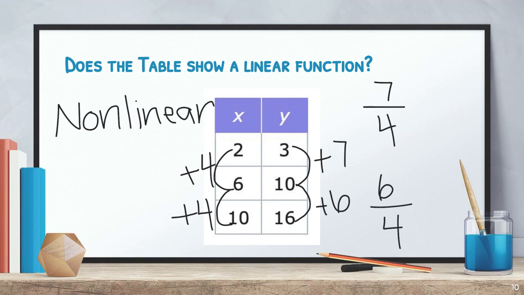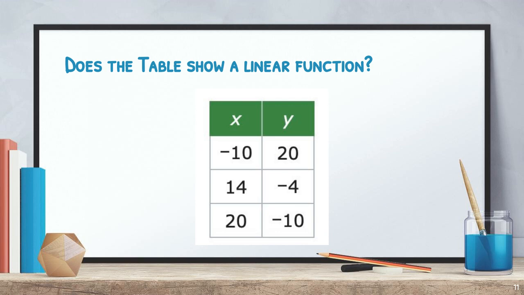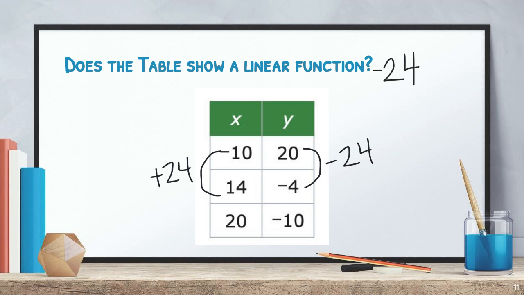And our last example. To get from 20 to negative 4, I am subtracting 24. To get from negative 10 to positive 14, I am adding 24. So for this slope, or rate of change, it would be negative 24 over positive 24, which is going to equal negative 1.